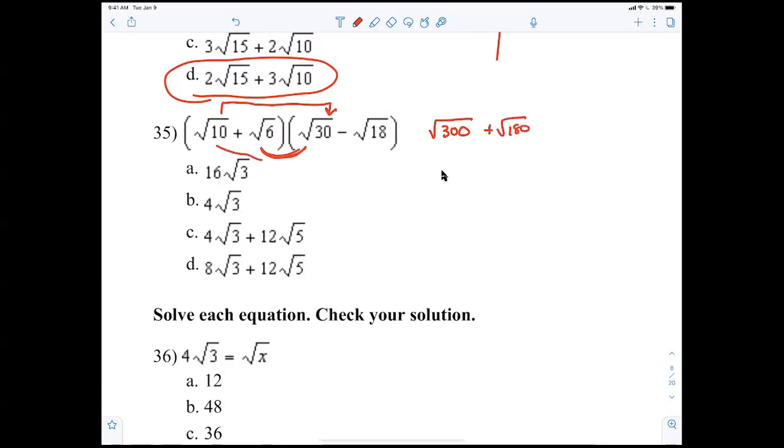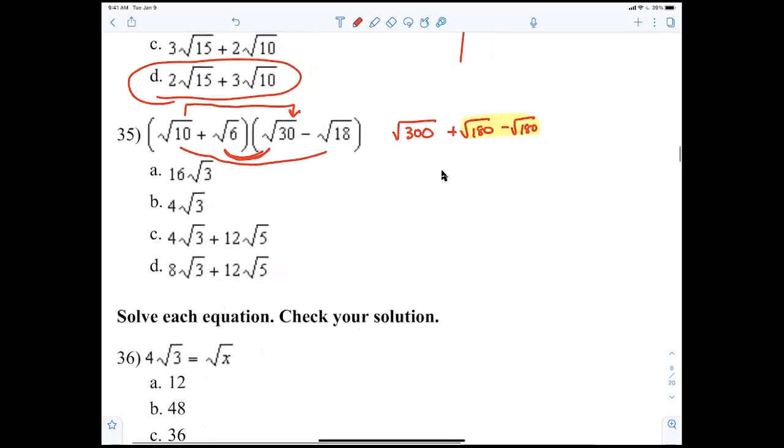And then this becomes minus the square root of 180, which is really nice for us because what happens to those 2 things? Yep, they cancel out. And then it would be plus, now you have to multiply 6 times 18. Now 6 times 18 is 108.